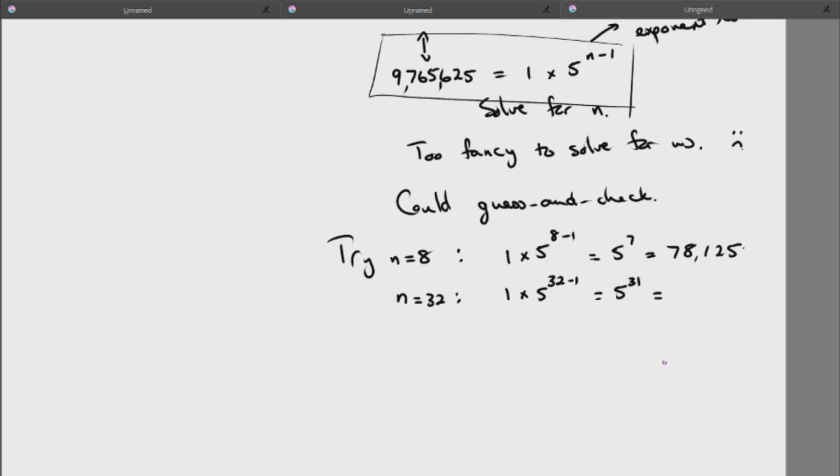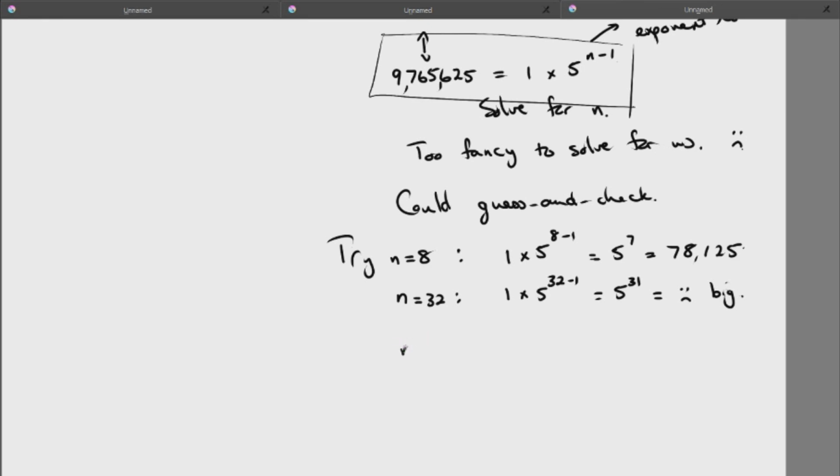So what does your calculator say for 5 to the 31? Is it doable? I don't really know how to read that out. Okay, so I'm a little high, it's a little big. Okay, so I overshot it.